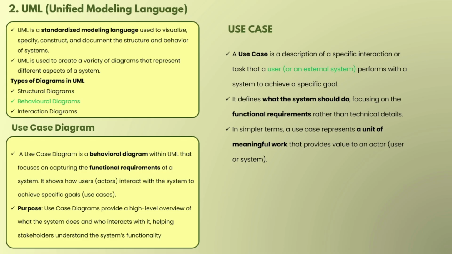The next point is that a use case defines what the system should do, focusing on the functional requirements rather than the technical details. Very well said: use cases focus only on the functional, with no technical stuff and no non-functional requirements. It is just the interaction between the business and the business analyst, and it should be very simplified.